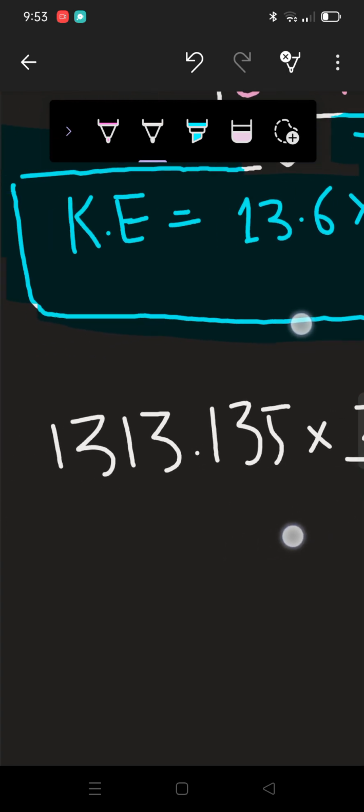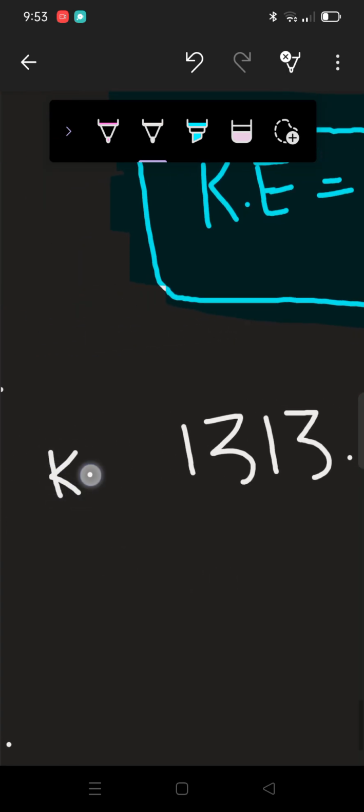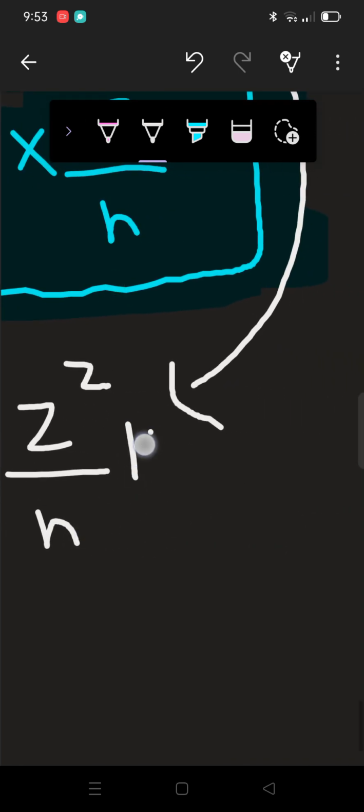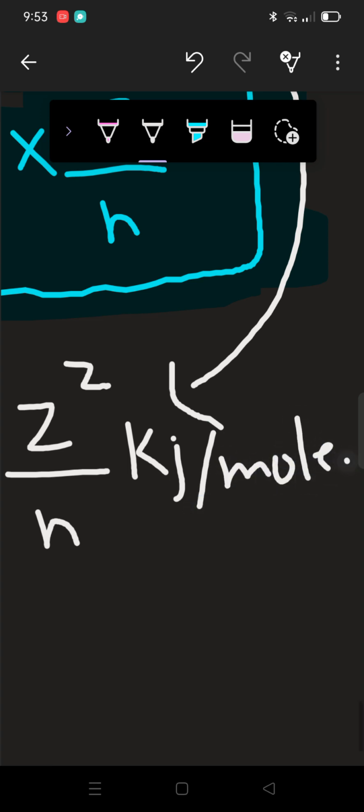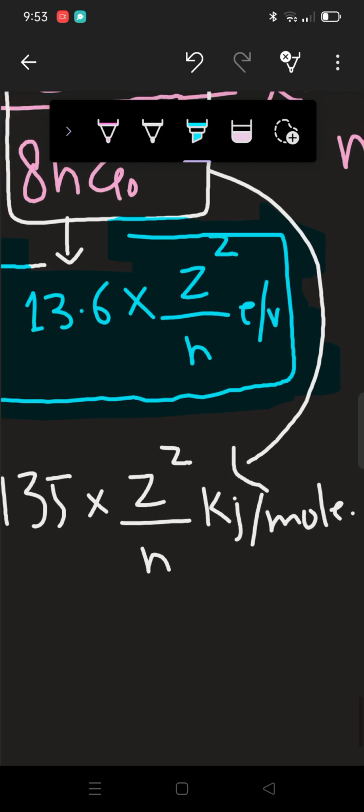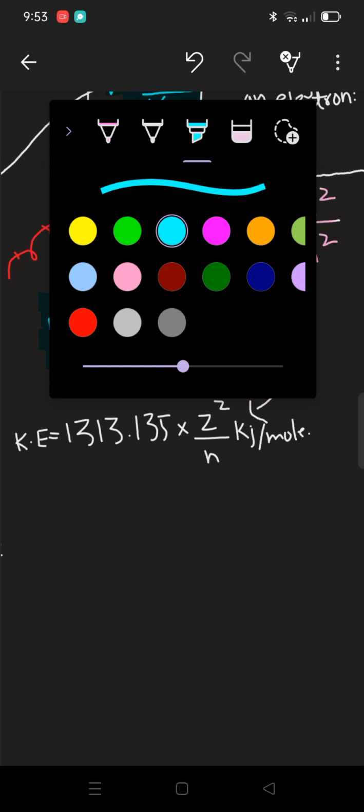Only the constant value will be changed. And that is kinetic energy in kilojoule per mole, and that was in electron volt, and this is in kilojoule per mole.